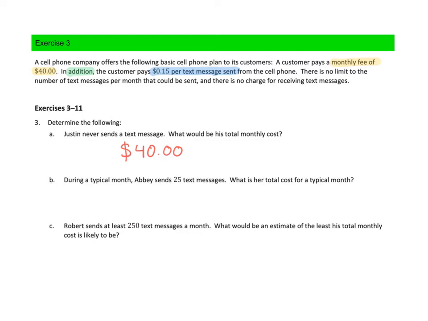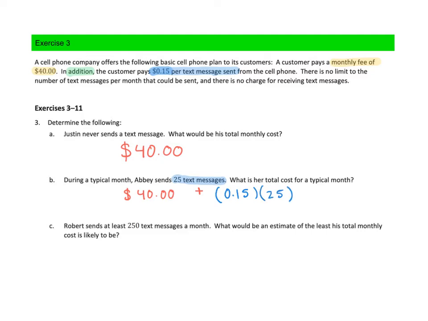B, it says during a typical month, Abby sends 25 text messages. What's her total cost for a typical month? So Abby's going to pay that $40 up front, right? Plus, she's going to send 25 text messages, and each one of those costs 15 cents. So I'm going to be doing 15 cents times 25.